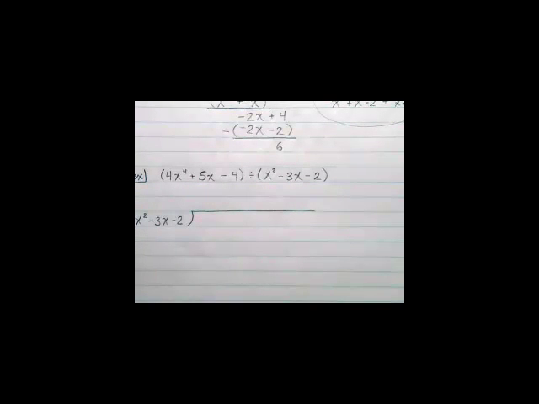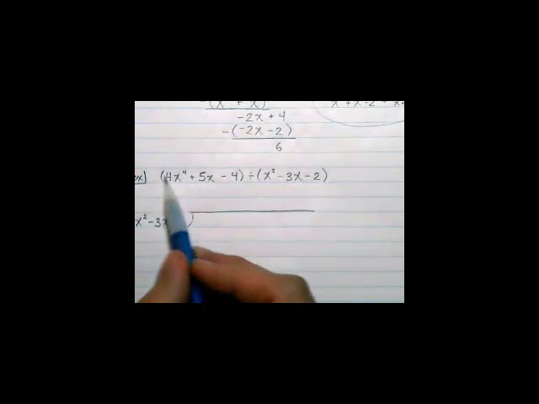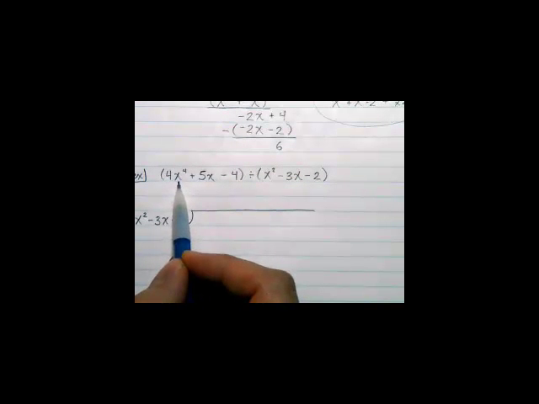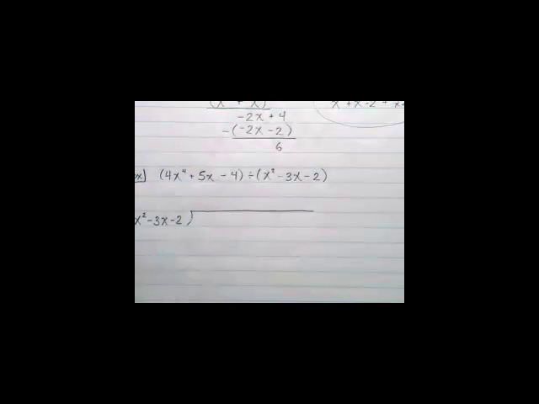Anyway, so that's the first thing though. Okay, we need to know where things go when we put it together. So this is going to go here. Now, this guy, notice that it is 4x to the 4th, and then we're missing a whole bunch, and then plus 5x minus 4, right? There's no x to the 3rd term. There's no x squared term. But remember how we talked about how we have to line everything up in here so that we have everything organized and there's a place for everything?